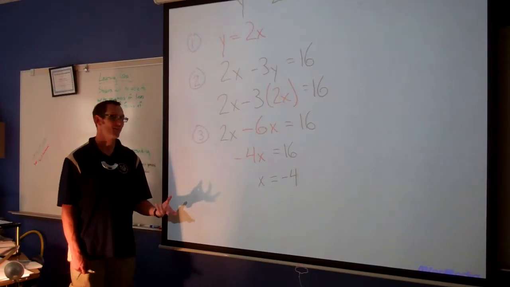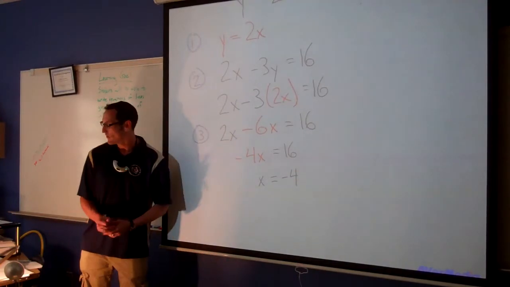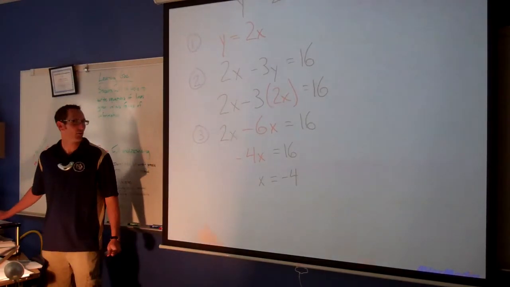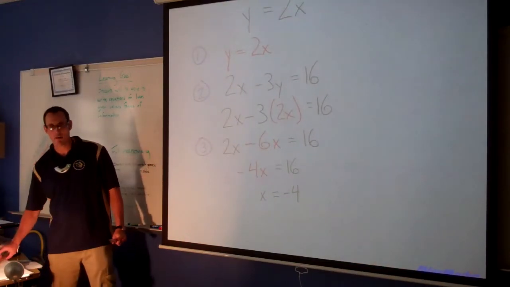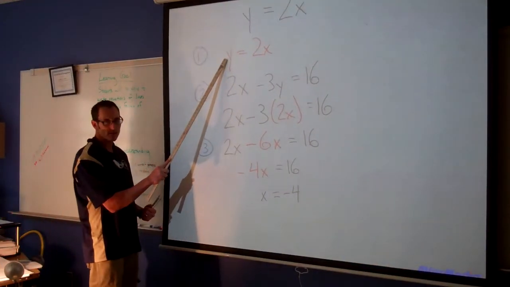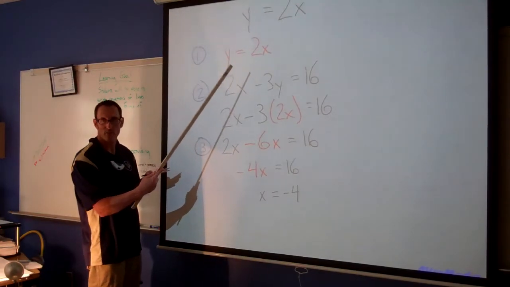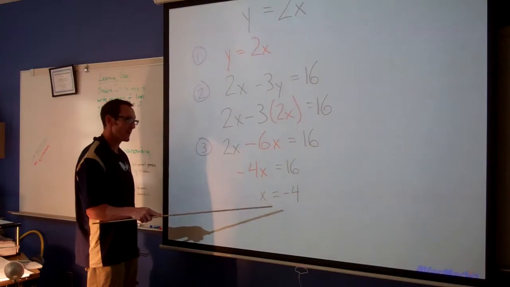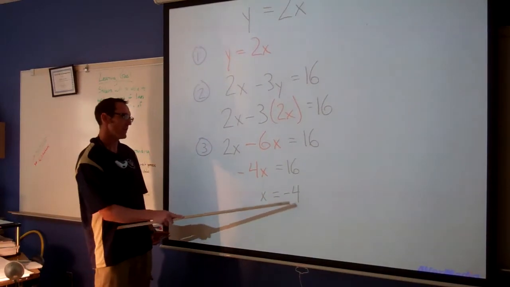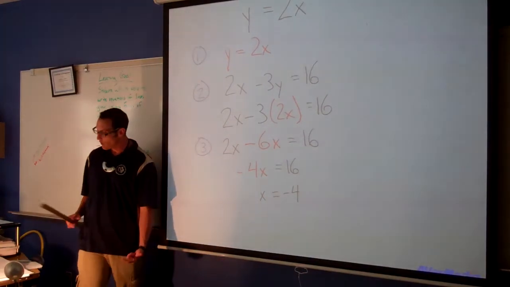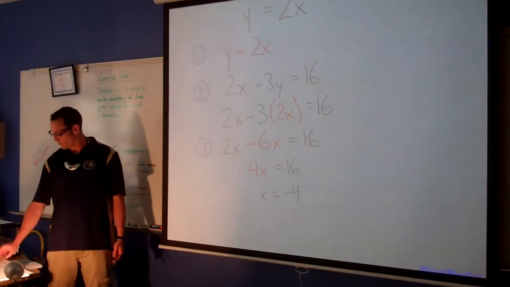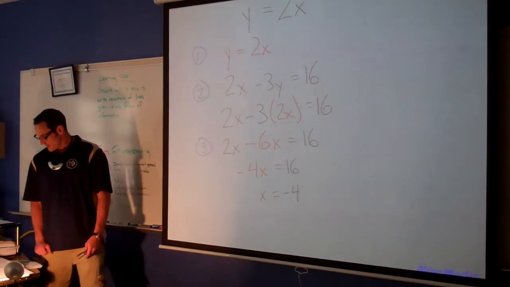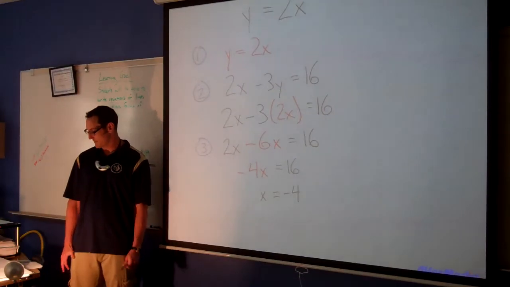So now what we have done is found the value of x. We know now that x equals -4. So before, when we were talking about getting y by itself, we still did not know what number y was, but we knew it was 2 times x. Using that, we're able to find the exact number that x is. We know the x coordinate is -4. Now all we need to do is find the y coordinate. So here's what's going to happen.